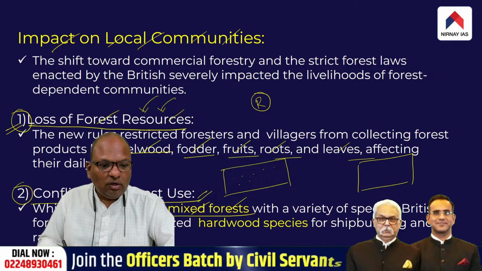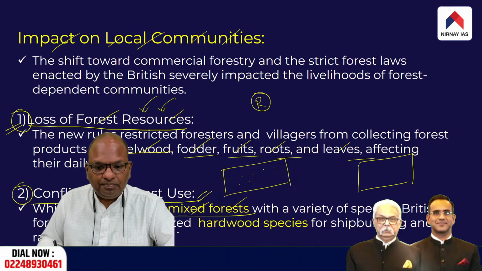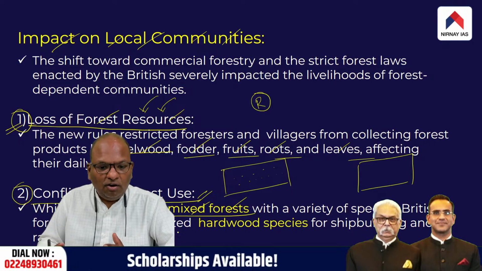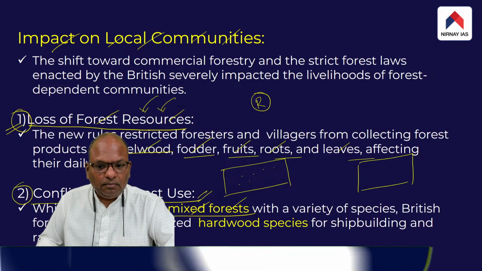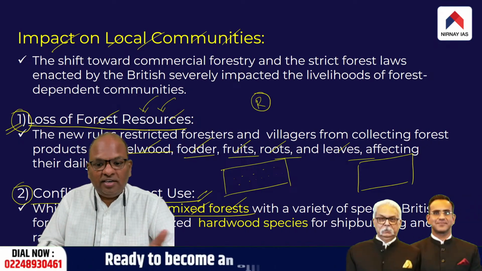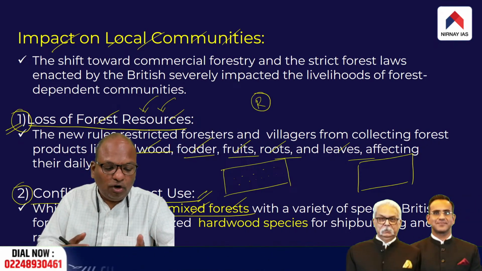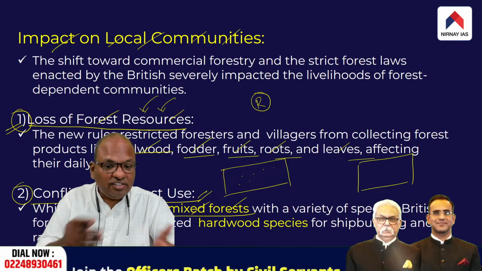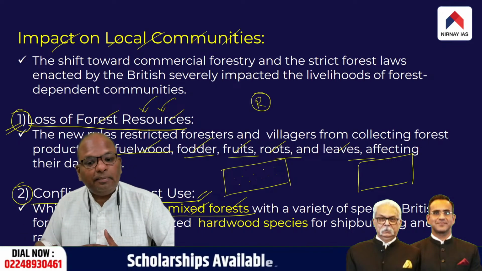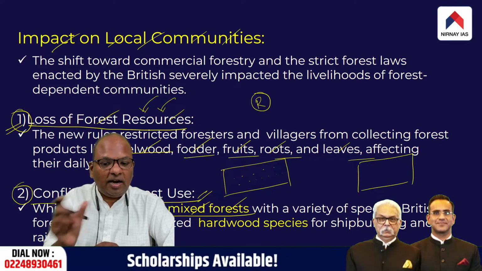So what was the point of conflict? The people wanted a forest with mixed plants because the greater the diversity of plants, the greater the possibility of those forests providing goods to the people of that region. But on the other hand, the British preferred a single species plantation.